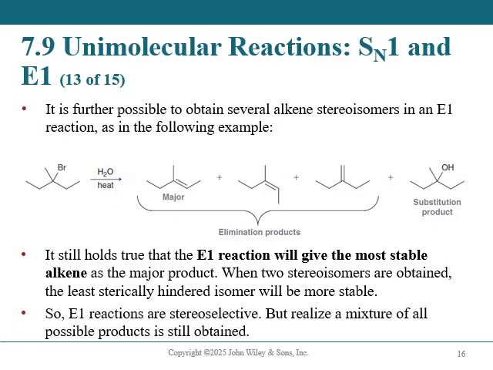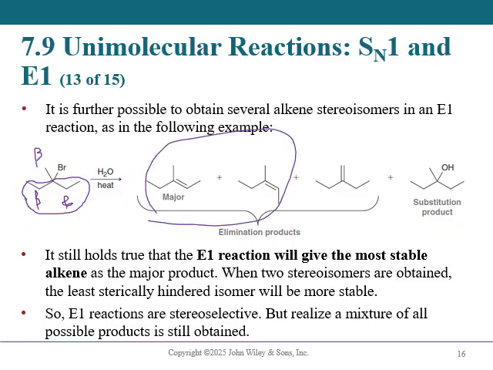So we have beta hydrogens here, here, and here. So these two will be very similar. One of them will give you the E versus the Z isomers, which are these two right here.